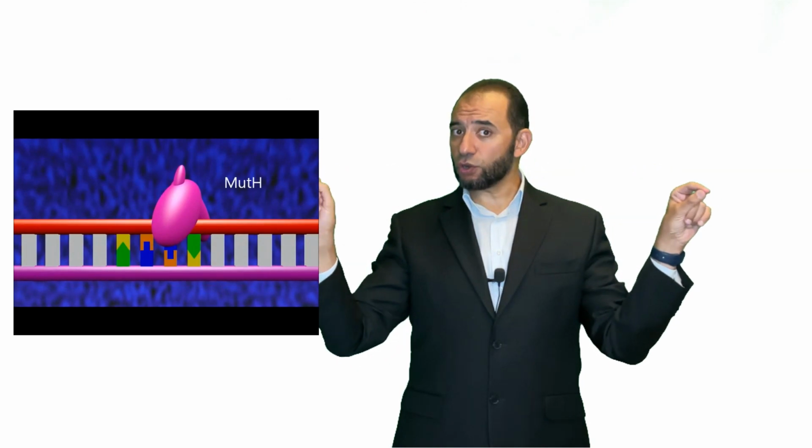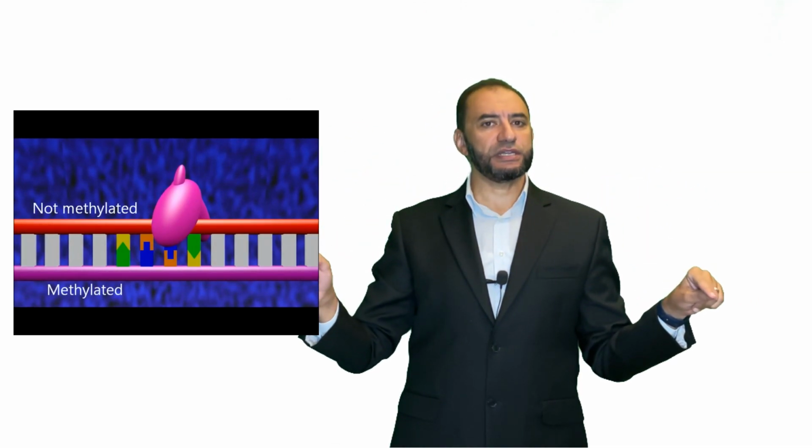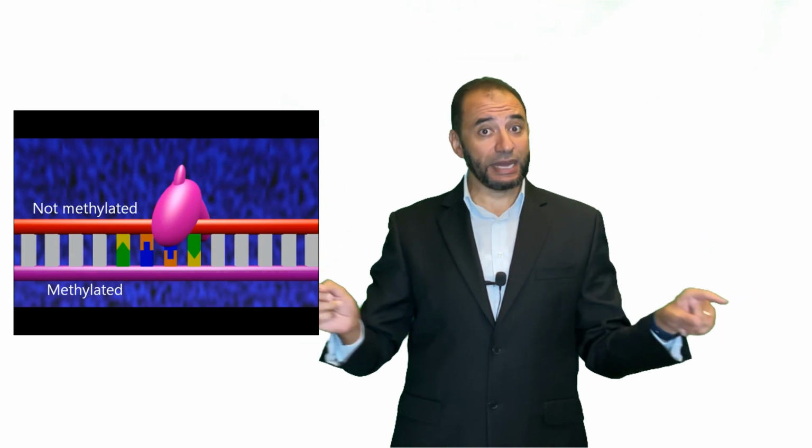Well, get amazed. The old strand, the original one, has methylation on it. Remember when we talked about epigenetics? The new one did not get its methylation yet. It is going to get it, but it didn't get it yet. And through this time gap, it will recognize the one that has the methylation as the source and the one that doesn't as the copy, and it matches the copy and makes it a faithful match to the source.